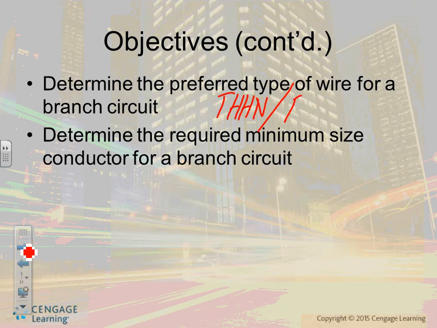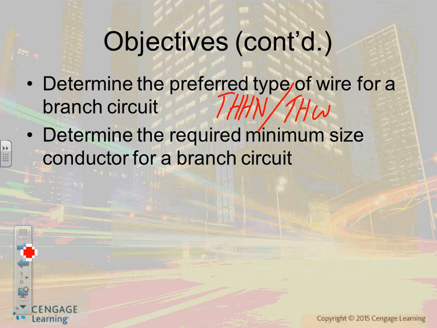Slash T, H, W. If somebody asks what insulation you need for this circuit, and you say THHN, you're right 90% of the time. If you say THHN/THW, you're right almost 100% of the time. There's other insulation used for special applications, but mostly that's it.